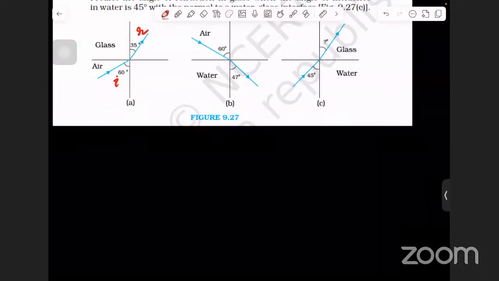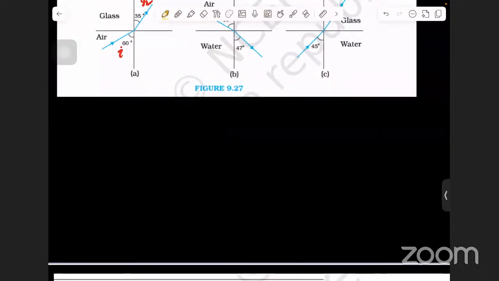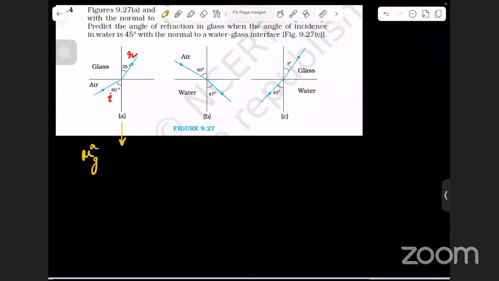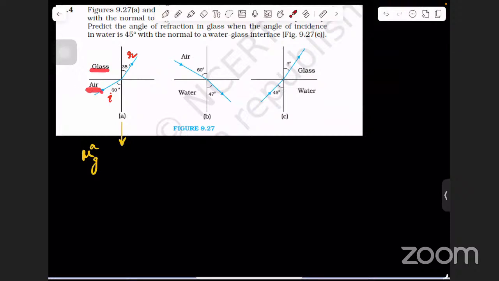So from Snell's law, we can write for the first case the refractive index of glass with respect to air, that would be equal to sine i upon sine r. That's Snell's law, sine i upon sine r.